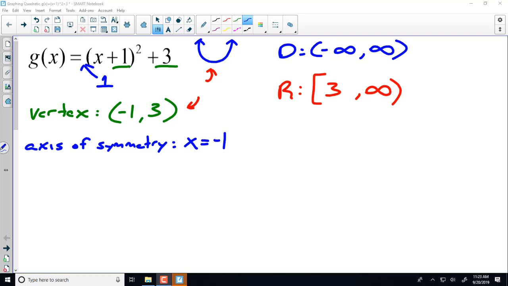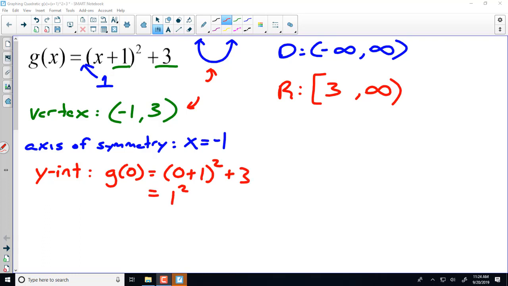Now we got to find the y-intercept. And the y-intercept is tricky for some people because they think that the y-intercept is always just going to be the number hanging out at the end, so they think it's going to be that 3 there at the end of our equation. But really the way you find the y-intercept of any equation is you plug a 0 in. Now that often zeroes out a lot of different parts of the equation, but with this particular equation, we're going to get a 0 plus 1 inside the parentheses, which doesn't just go away.